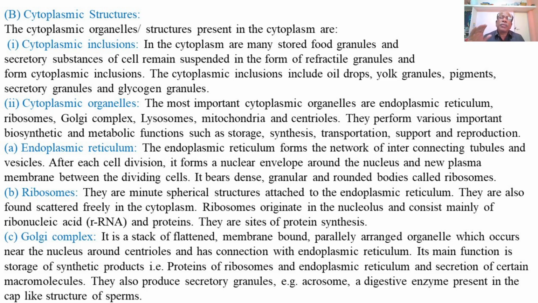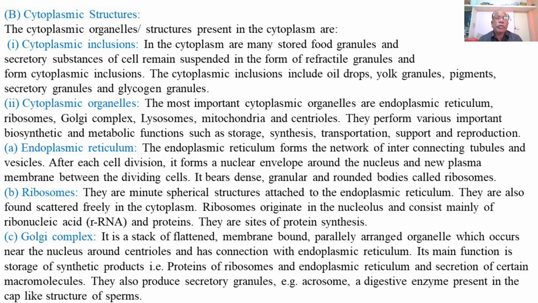Similar to rough endoplasmic reticulum, there is also a smooth endoplasmic reticulum present just outside the rough endoplasmic reticulum, lacking ribosomes on the surface of the cisternae, tubules or vesicles of the endoplasmic reticulum.